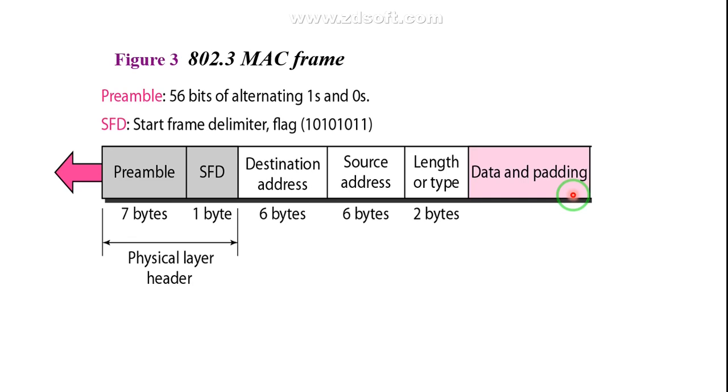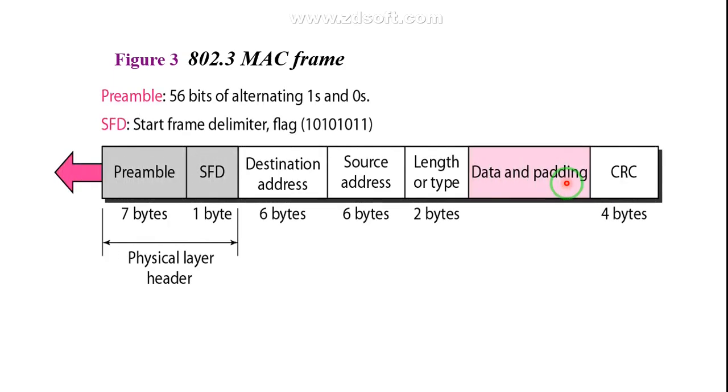Suppose the minimum length of the data required is 46 bytes. If it is less than 46 bytes, then you need to pad it with extra zeros in order to make it a minimum of 46 bytes. So adding this extra zero padding is nothing but your data padding.